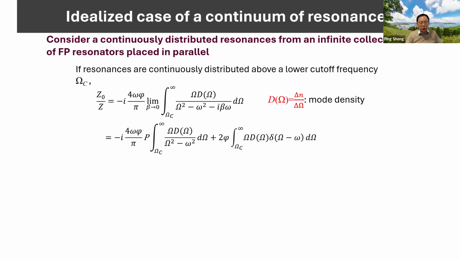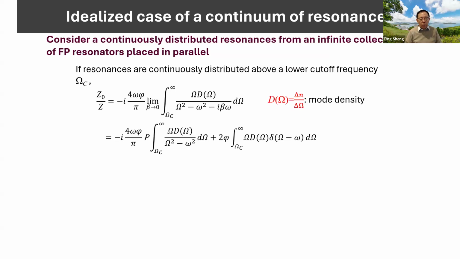Okay, so let's deal with that to clarify the whole algorithm. So the second term, which is the real part of the Z, contains a delta function. And that's the result of the Lorentzian form. Okay, the Lorentzian form, when beta goes to 0, yields a delta function in the imaginary part.